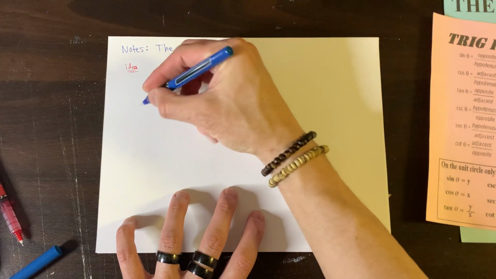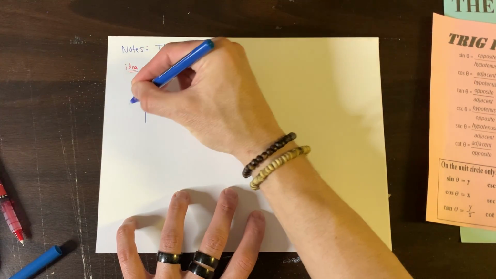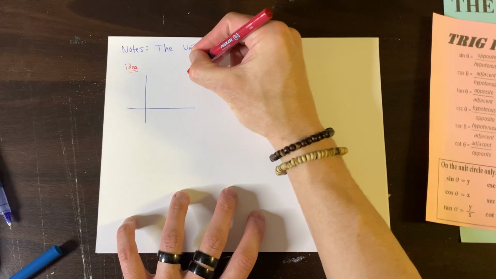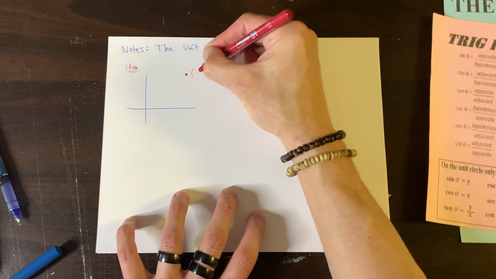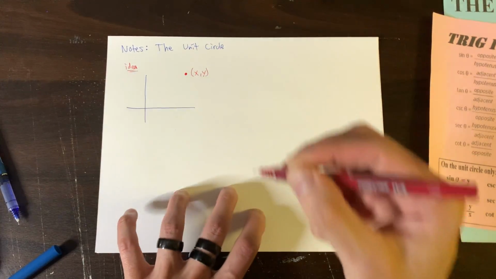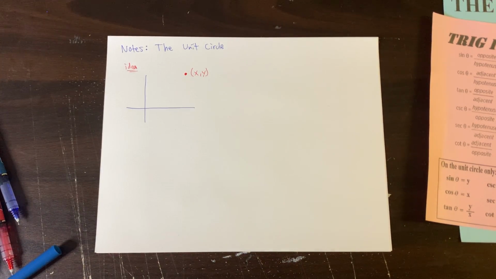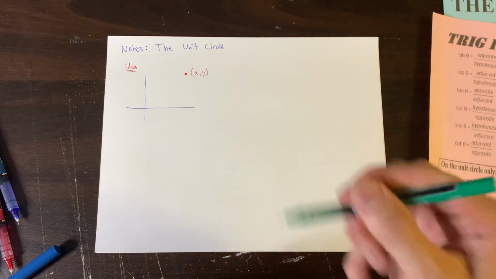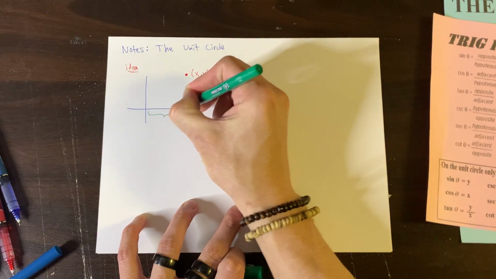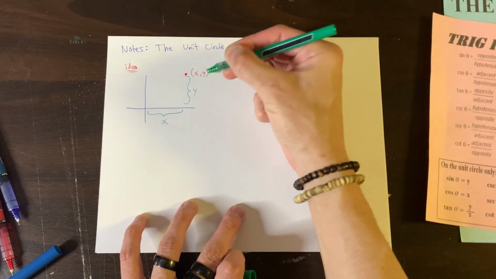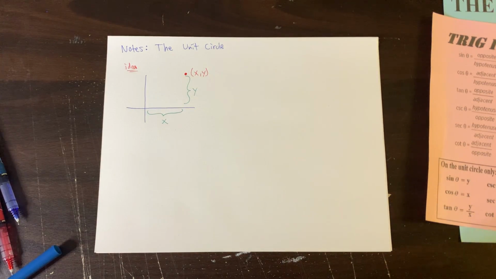So why don't we draw, as it were, the first quadrant. And let's place a point just randomly here in the first quadrant. And let's call the coordinates x and y. Now, can we agree that this horizontal component would have a length of x, and that the vertical component would have a length of y?